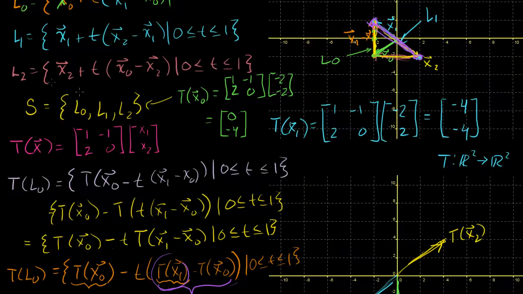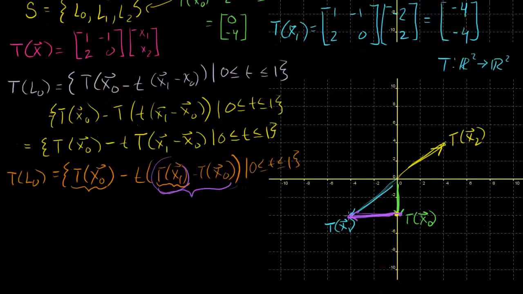The transformation of L1 is going to be the line that connects the transformation of x1 and the transformation of x2. So this right here is the transformation of L1.